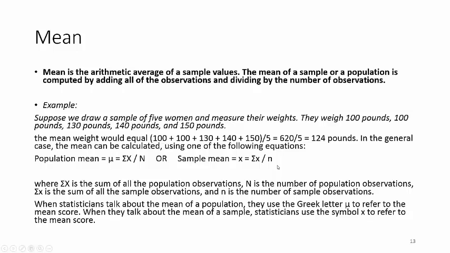So when statisticians talk about the mean of a population, they use the Greek letter mu to refer to the mean score. When they talk about the mean of a sample, statisticians use the symbol x-bar to refer to the mean score. So you should notice that.